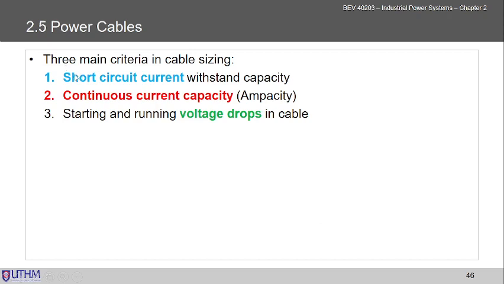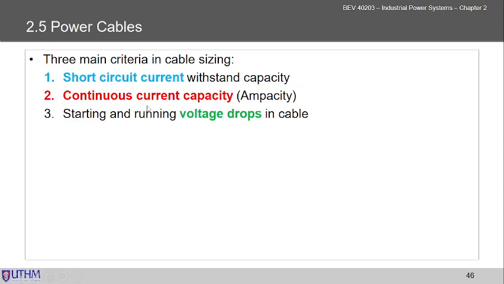Okay, then how to do the selection, I mean the cable sizing? Like the transformer sizing, we need to have some criteria. In this case, we have three criteria to analyze the cable sizing. The first one is the short circuit current withstand capacity.